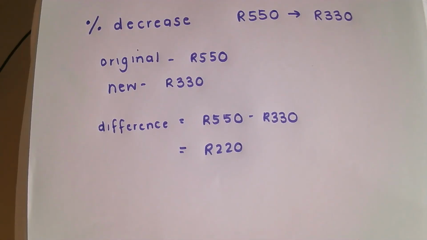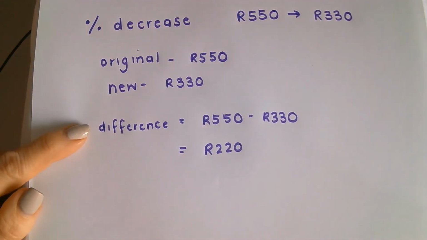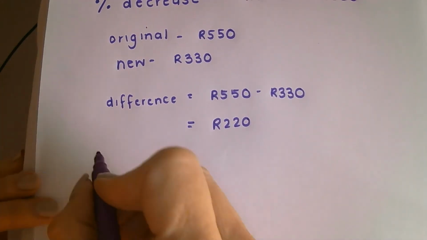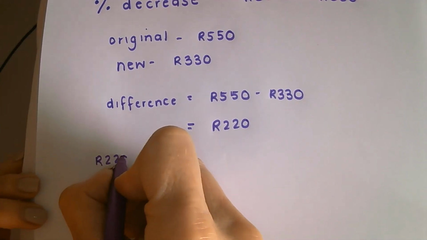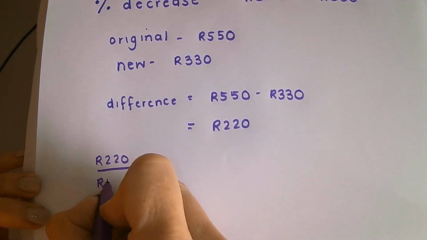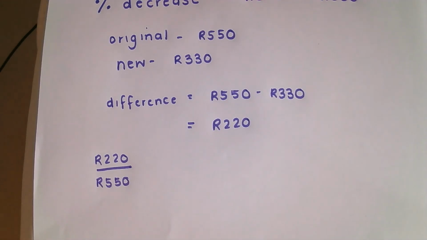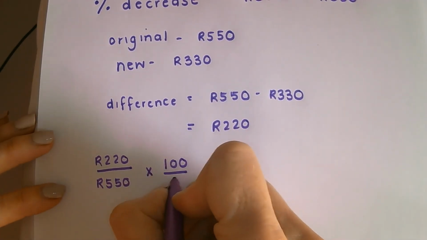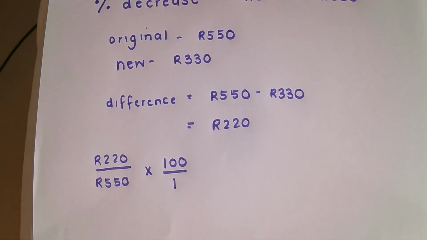So we know that we have to find the difference first. Now what do we do? We have to take that difference and put it over the original amount. And remember, the original amount was 550 rand. We need to find the percent, so we're going to times by 100 over 1, and that's what we're left with at the moment.